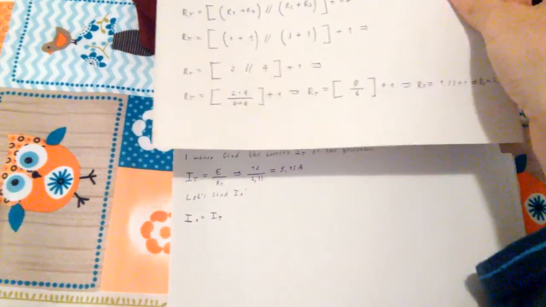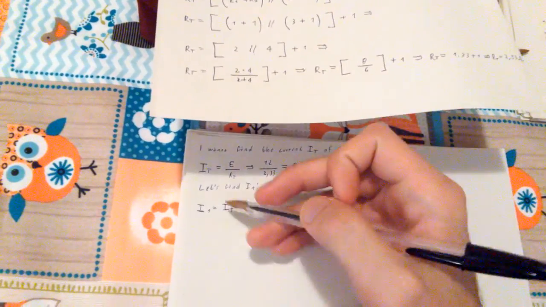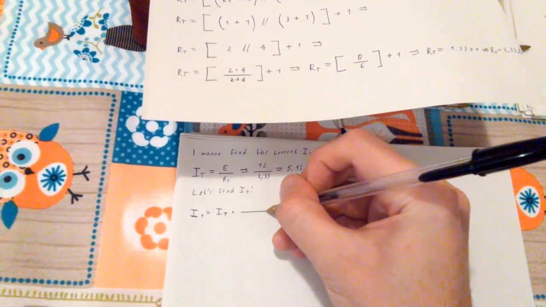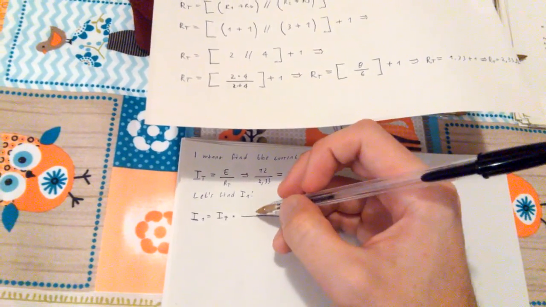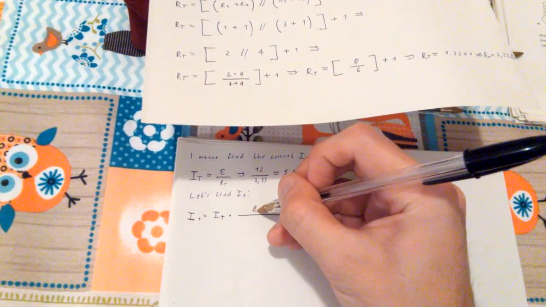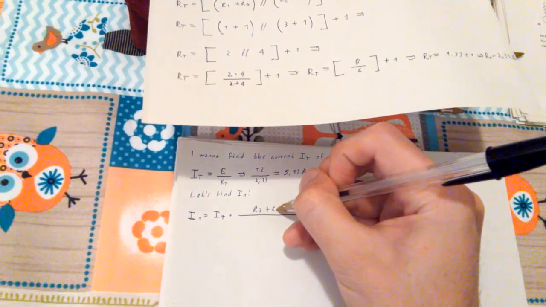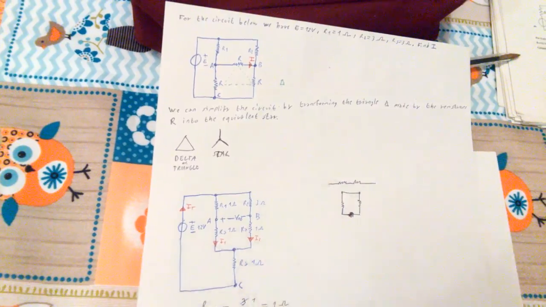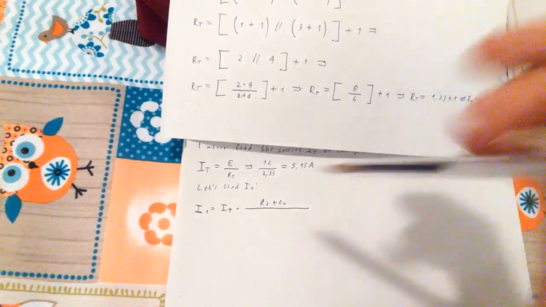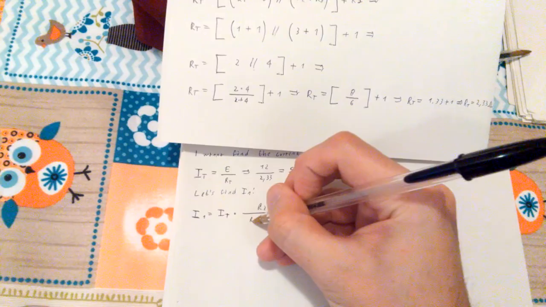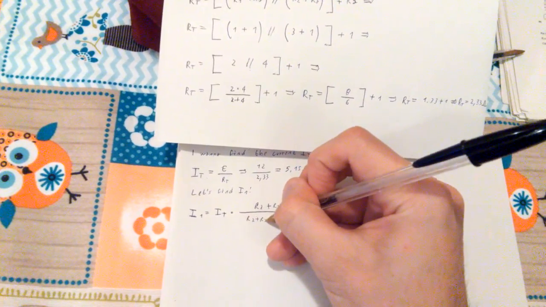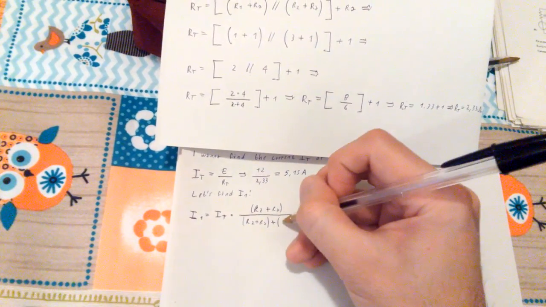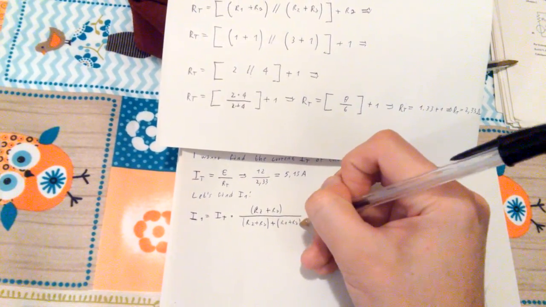So I1, that's going to be I of t, as it's a subset of I of t, times, and we're going to have R2 plus RA, over R2 plus RA, I'm just going to write them like this, just to make everything clear, plus R1 plus RA.